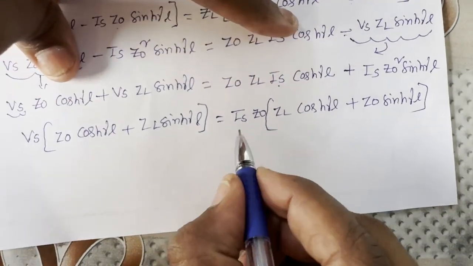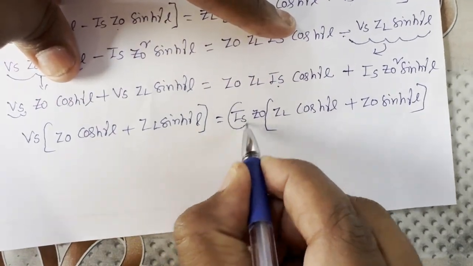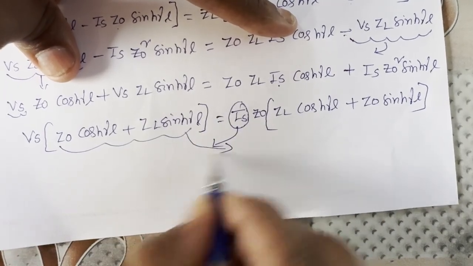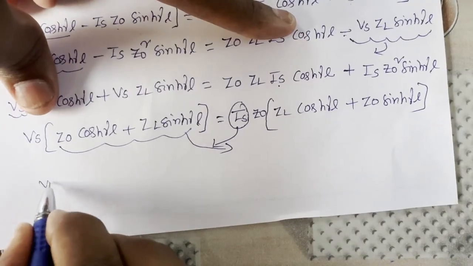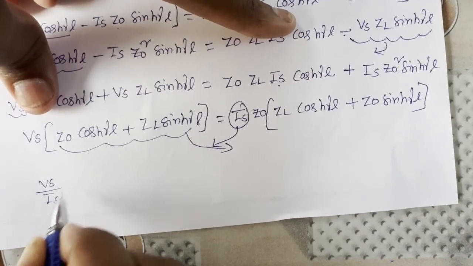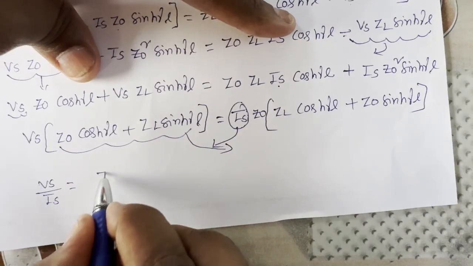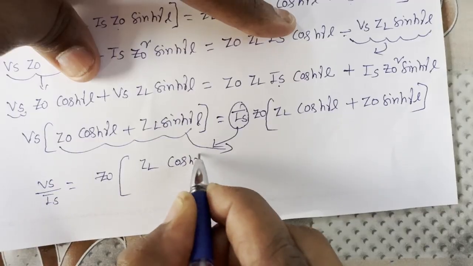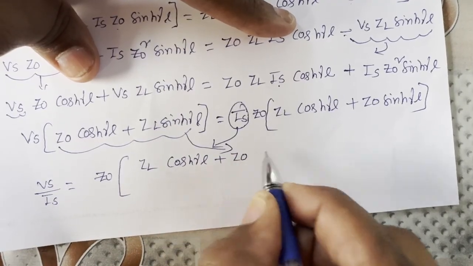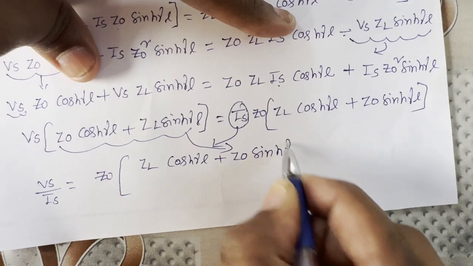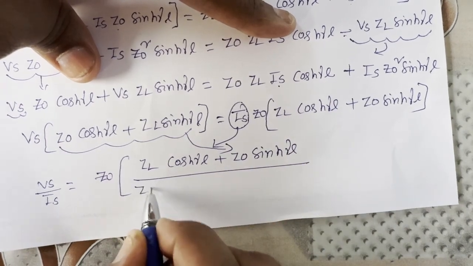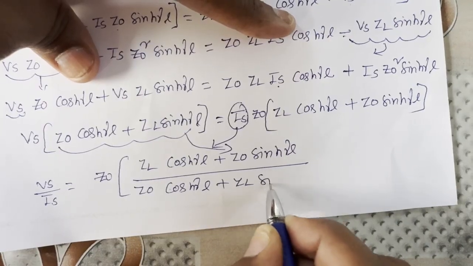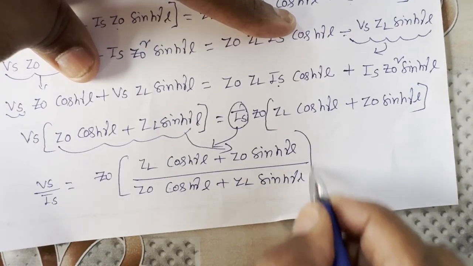Now here I am letting this Is to this side and the multiplication of this term to this side. So it will become Vs by Is is equal to Z naught into ZL cosh γL plus Z naught sinh γL by Z naught cosh γL plus ZL sinh γL.